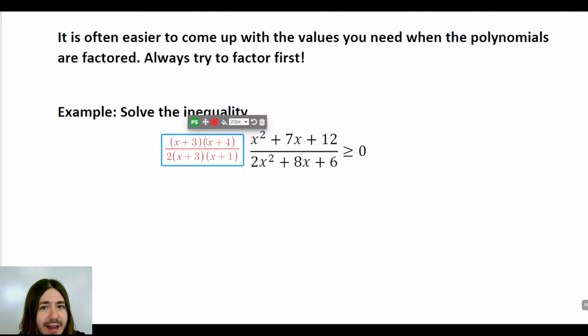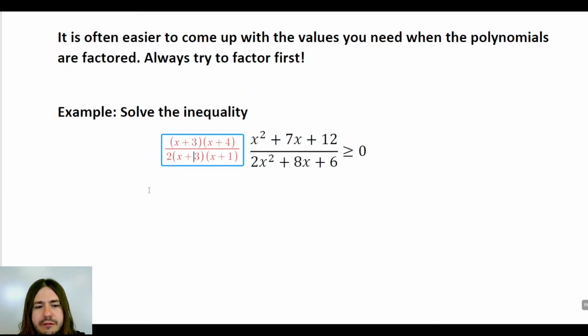So you're actually not going to have a 0 there. It's a little bit of a fake out. You don't want to just cancel these out because then you're losing the information about -3 making this function undefined. So don't cancel these out like you might be tempted to.